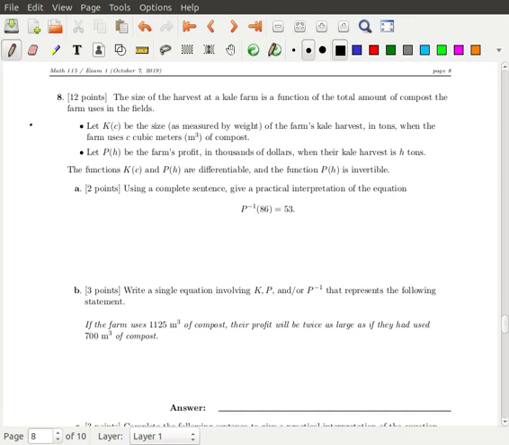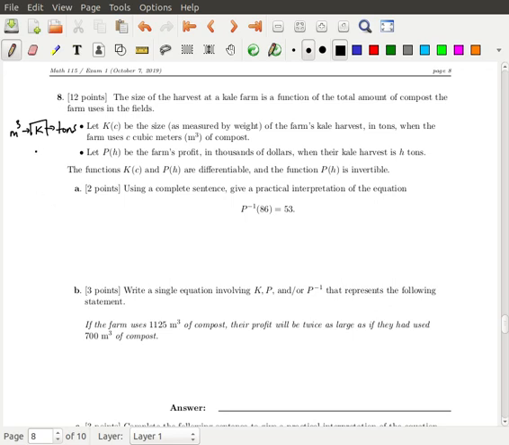Here the little box notation or little machine notation is going to make another appearance. And that's because we're doing interpretation questions with units, so I want to really keep track of units here. C is in cubic meters of compost, meters cubed. And K of C is the size measured by weight in tons. So there, it spits out tons.